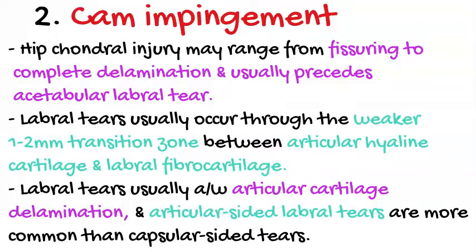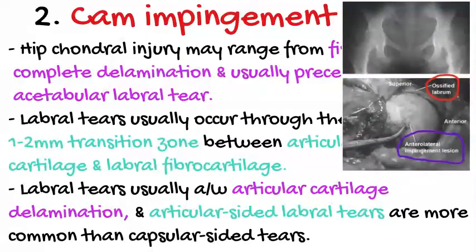Labral tears are usually associated with articular cartilage delamination, and articular-sided labral tears are more common than capsular-sided tears. As illustrated in the right-hand picture, there is an anterolateral impingement lesion with an ossified labrum.